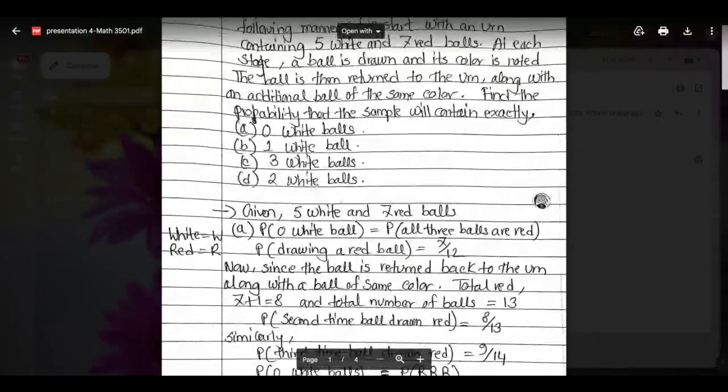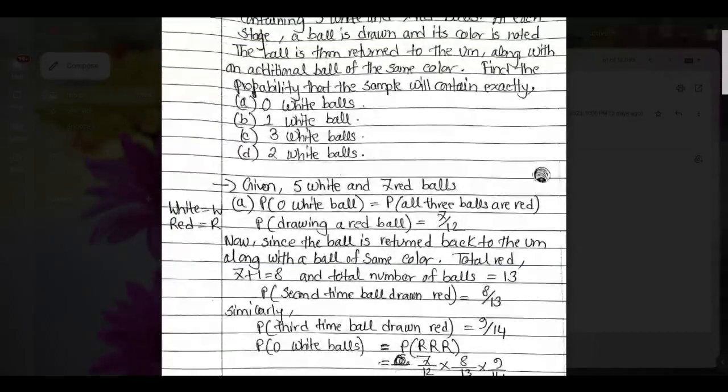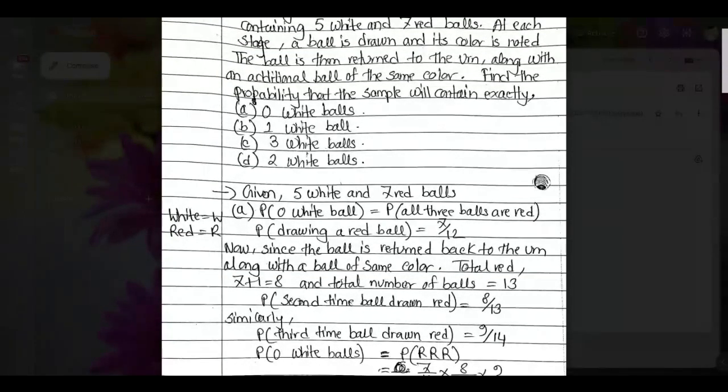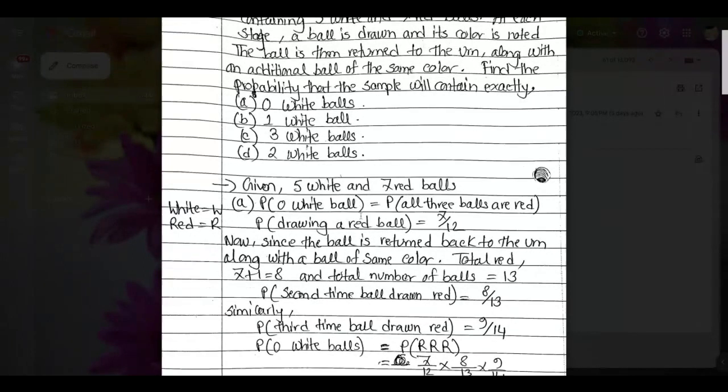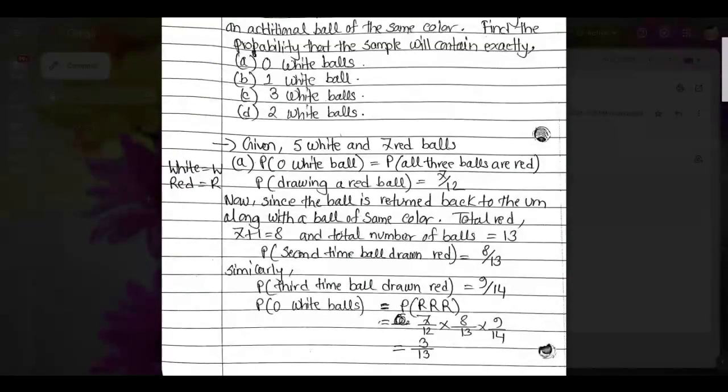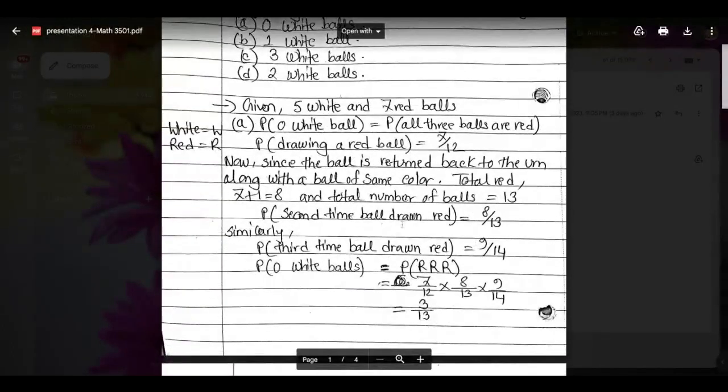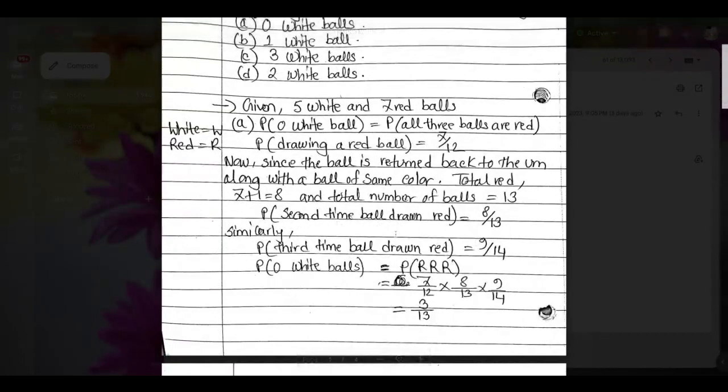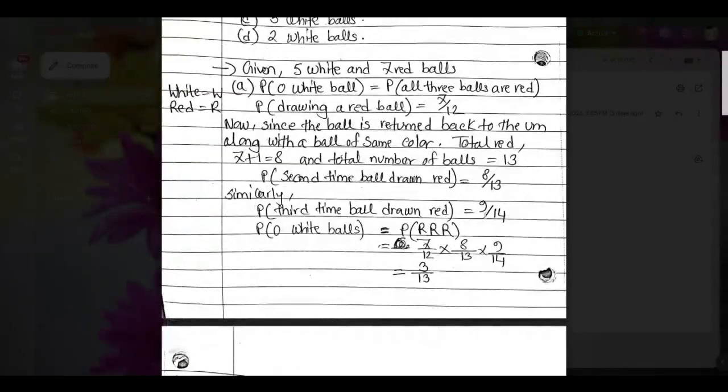The question says that the ball is then returned to the urn along with an additional ball of the same color. So the total red balls is going to be 8 when it draws the second time, and the total number of balls is going to be 13, 12 plus 1. So the probability of the second ball drawn being red is 8/13.